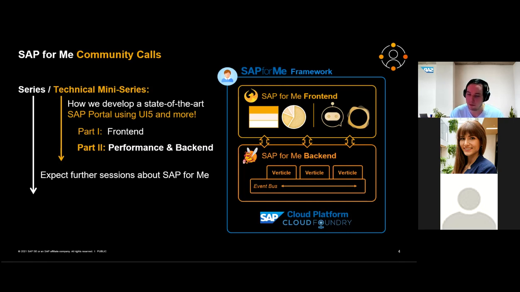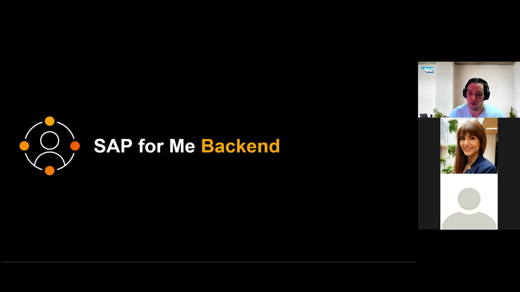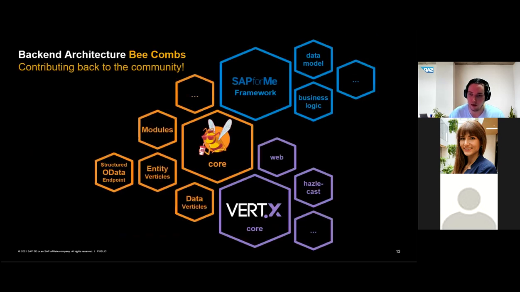And CAP, so the CAP development model, is used for, and we are in really close collaboration with the CAP team on our end. And if I go back to this slide where I showed you what our NeonB framework is able to do, you also saw the data model part up here.